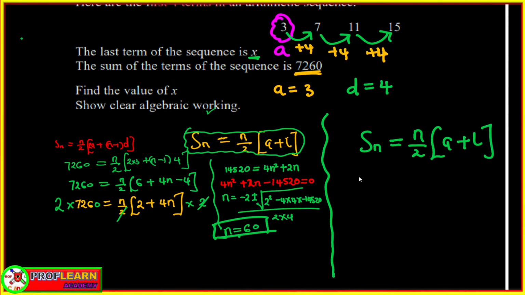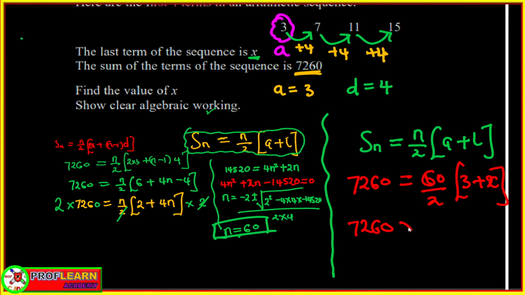So we know that our sum of these terms, 7260, is equal to 60 over 2 into first term 3 plus x, which is the last term in this case. So times 2, then we divide by 60 and then subtract 3. So this is going to be 7260 times 2 divided by 60 is equal to 3 plus x.